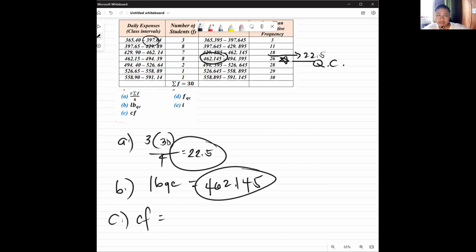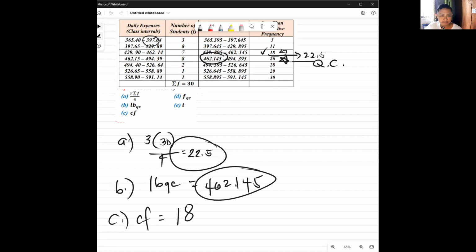It's not 26, but this time naman, the lower cumulative frequency is what we will be using. So this will be 18. Take note of that, ha? Kung nasa man si letter A, yung higher CF, yun yung magiging quartile class. And then lower CF will be your cumulative frequency.